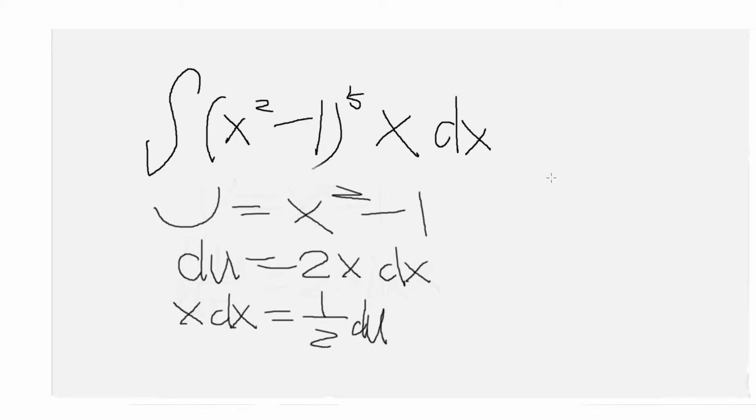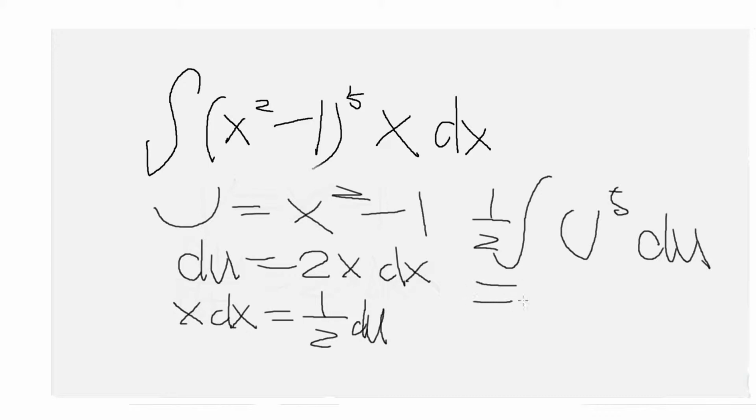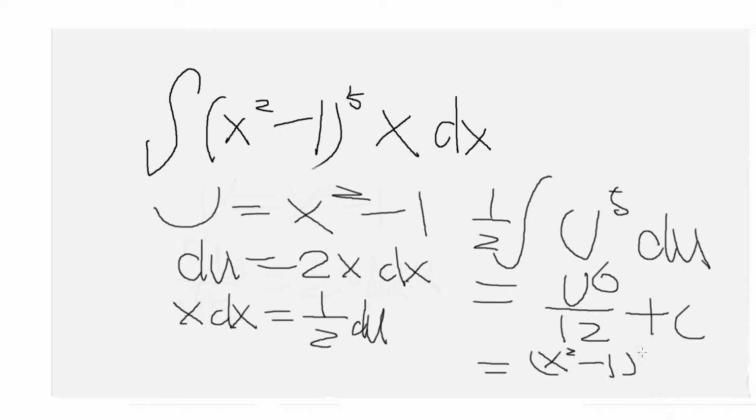Therefore, we get u raised to 5 du times a half, which equals u raised to 6 divided by 12 plus c, which equals (x squared minus 1) raised to 6 divided by 12 plus c.